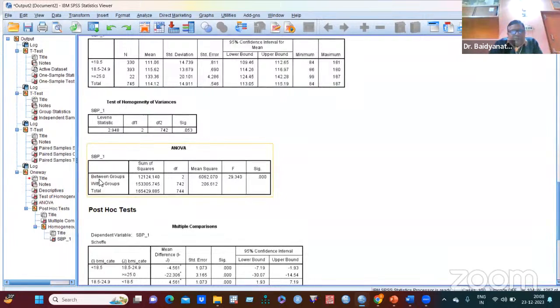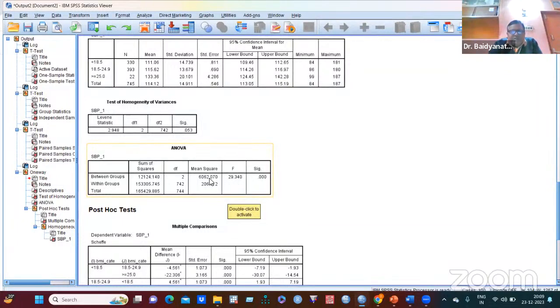And this is the ANOVA table. Between groups means there are 3 groups, so degrees of freedom 3 minus 1, and within groups, that is total, 745 minus 3. So the mean square, this divided by this equals this one, and this divided by this equals this one, and then this divided by this equals the F value.